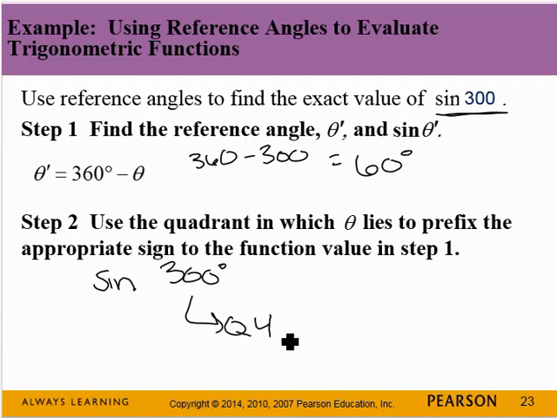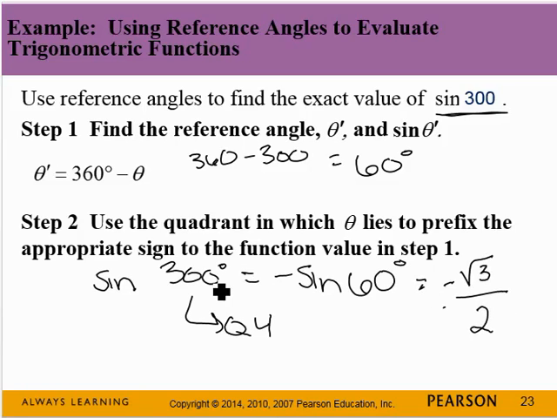That's going to be in quadrant 4. So it's going to equal negative sine of 60. You know sine of 60 by looking at your chart. So it's going to be negative square root 3 over 2. Since sine 300 is in quadrant 4, that means you have to take the negative of sine 60.